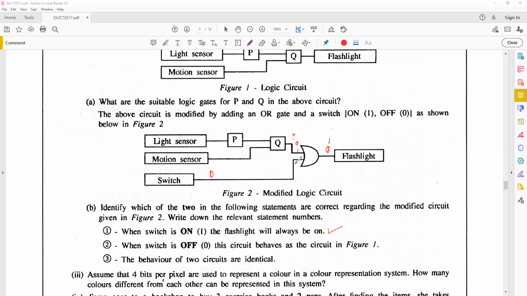Because if this is 0, it's as if you don't have anything on this side. The output is because of this only. So this is also correct. Third one, behavior of the two. No, it's not. So this is wrong because when the switch is on, irrespective of the output, this becomes 1. Which means the correct answers are 1 and 2. I got the answers from Lasindhu, Chaturya, Taraka, Miru, and Vishnu.